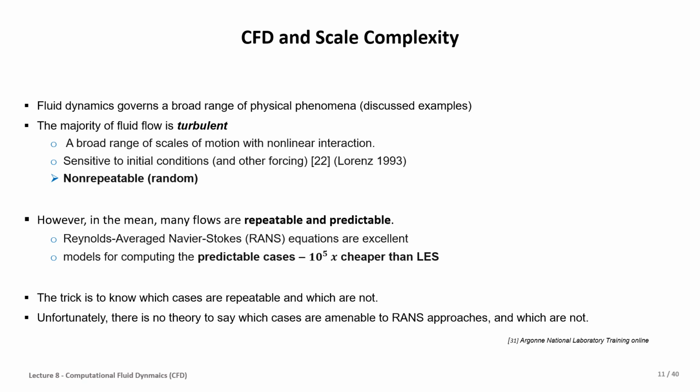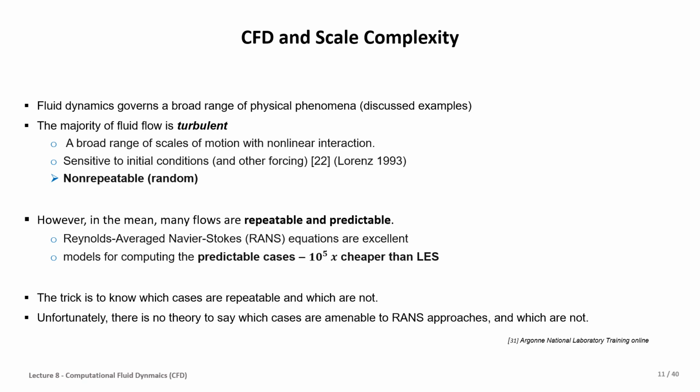Indeed, the flow has a random and non-linear motion. However, sometimes some flows are repeatable and predictable. So, depending on this feature, we need to use the right method. Let's have a short introduction to the RANS, LES, and DNS methods.